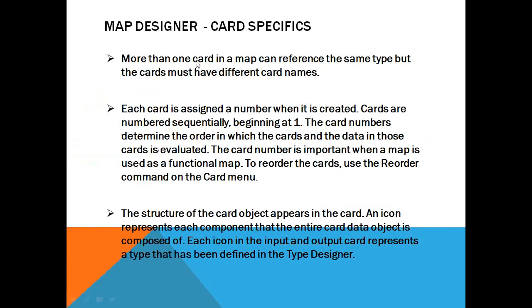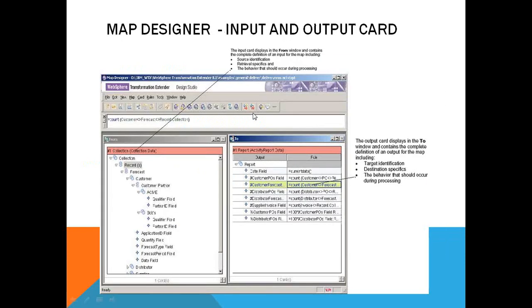It's saying that more than one card in a map can reference each type, but the cards must have different card names. That means the second input card can also use the same type, but the card name should be different. Also, there will be a number assigned for each card.